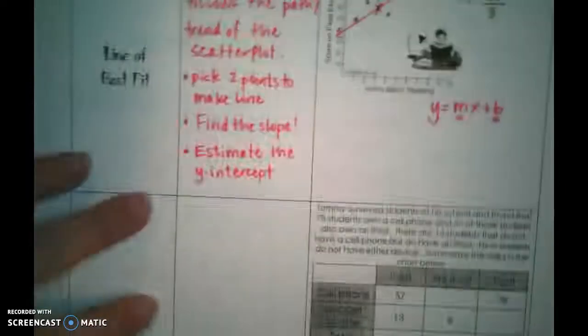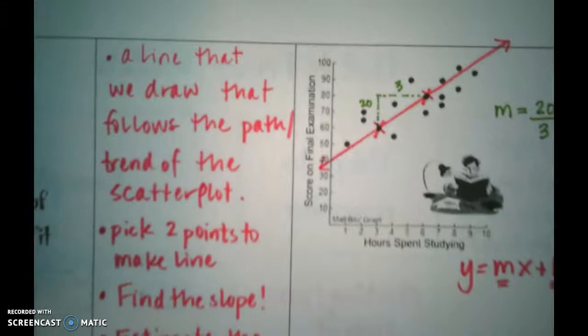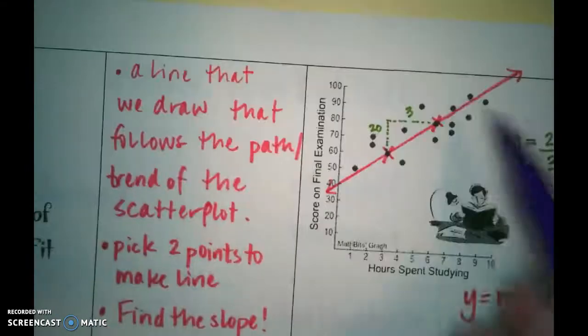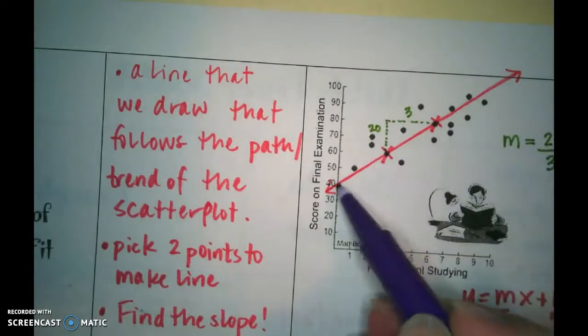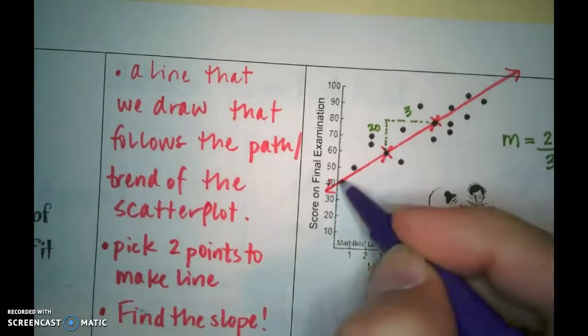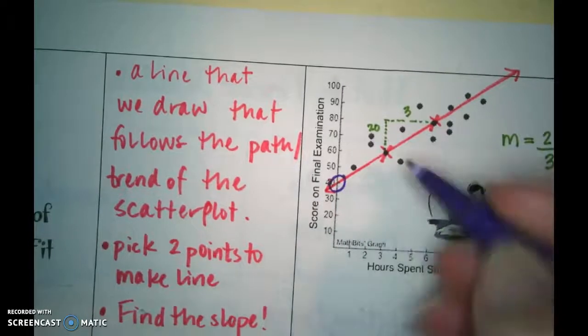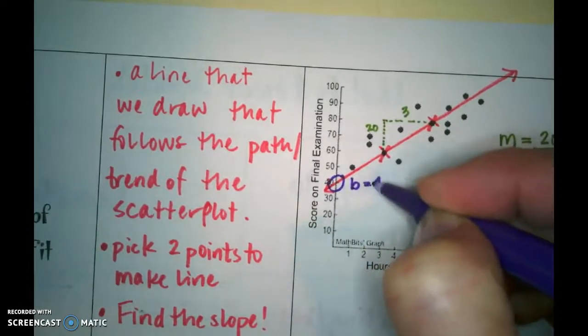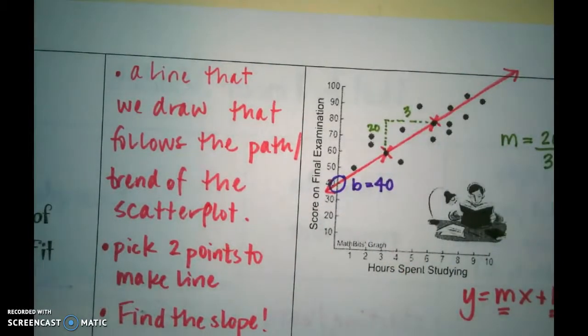So I'm going to adjust this. Give me just a second to focus here. Okay, so I am looking at where this line hits the y-axis, and it looks like it landed almost exactly on the 40. So the b is 40.